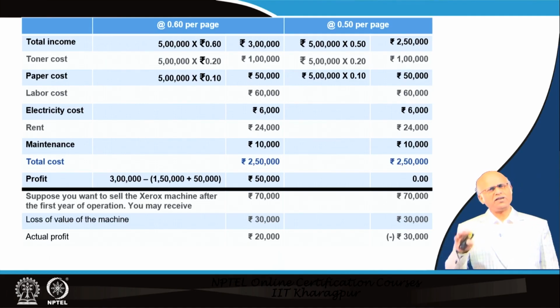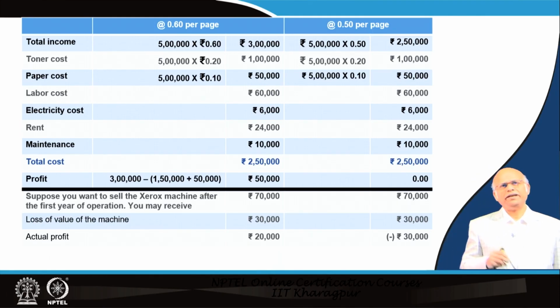But suppose you did not understand, did not realize this whole thing that is going to manifest after 1 year. Suppose at the beginning of the year you think that if I sell at 60 paisa a copy, then I end up making 50,000 rupees profit. So, even if I sell it for 50 paisa to some people, I can acquire more customers, I do not incur loss.